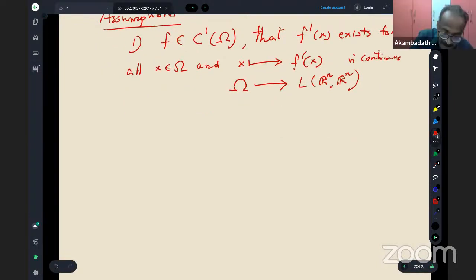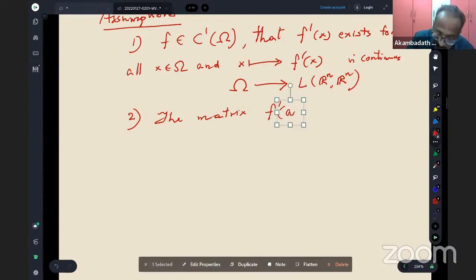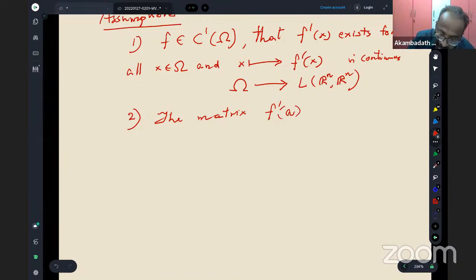That's the one assumption. And the second assumption is that the matrix, I will use the same notation f prime of a, the matrix corresponding to f prime of a, is invertible.